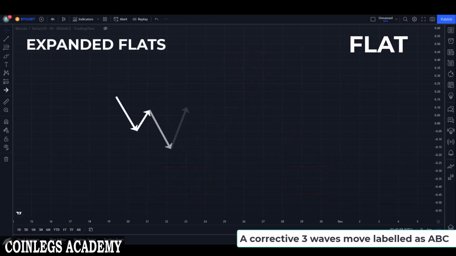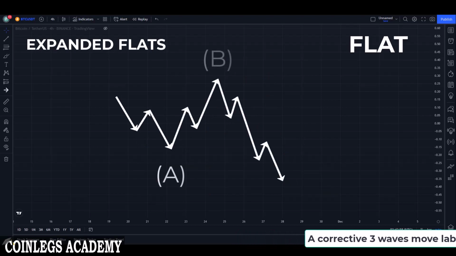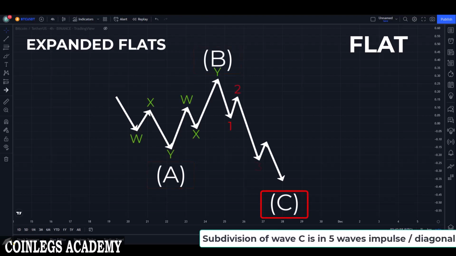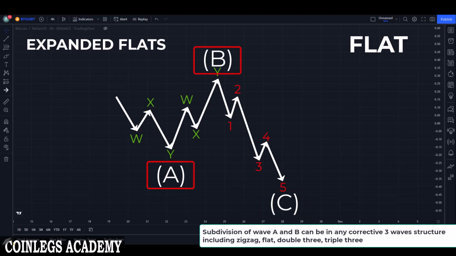Expanded flats have a corrective 3-wave move labeled as ABC. The subdivision of waves A and B is in 3 waves. The subdivision of C is in 5 waves, impulse or diagonal. The subdivision of waves A and B can be any corrective 3-wave structure, including zigzag, flat, double three, and triple three.